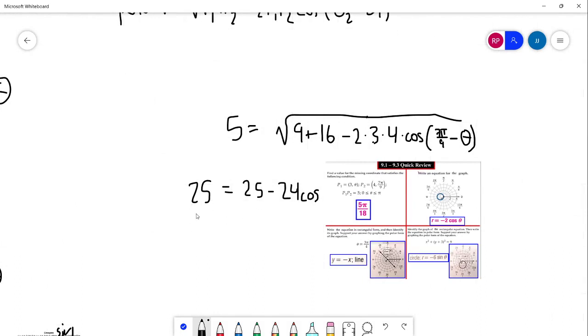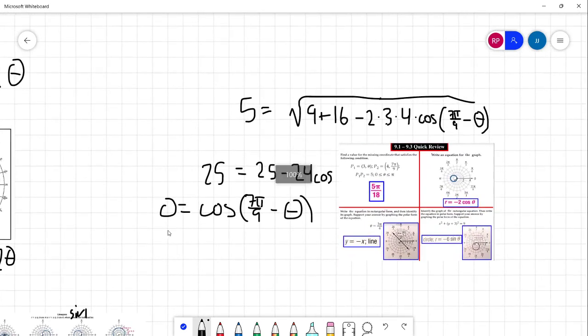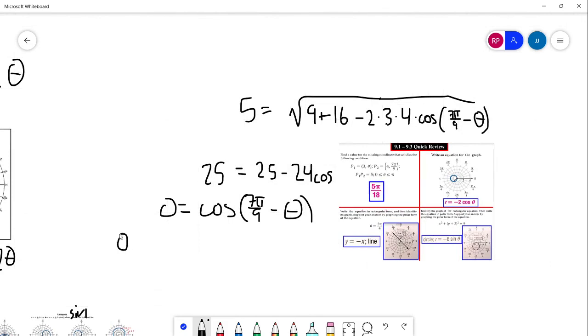And we can subtract and then divide, so this is going to end up being 0 equals cos of 7 pi over 9 minus theta. And once again we've got to use the sum or difference formula. So 0 equals cos 7 pi over 9 cos theta plus sine 7 pi over 9 sine theta.